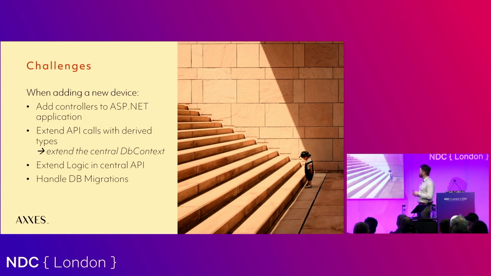Our monolith was an ASP.NET application. We had a REST API that was the entry point into everything that our backend did. And what we wanted to do is for every device that we added to our backend, for new controller methods to appear. We also wanted them to extend existing controller methods.